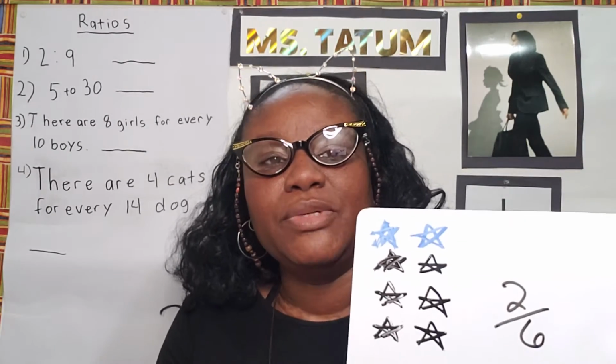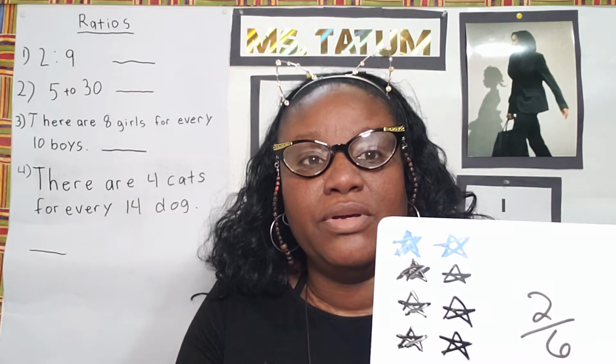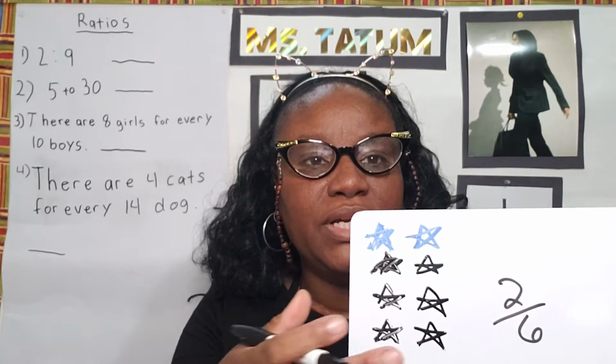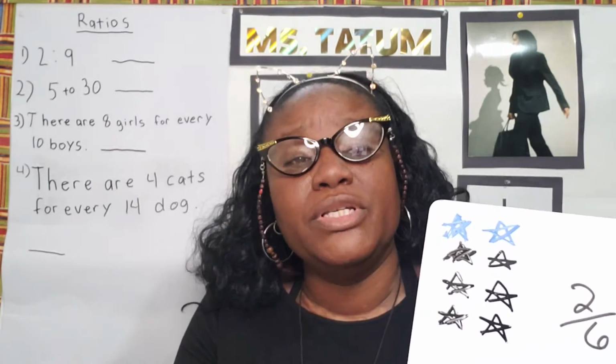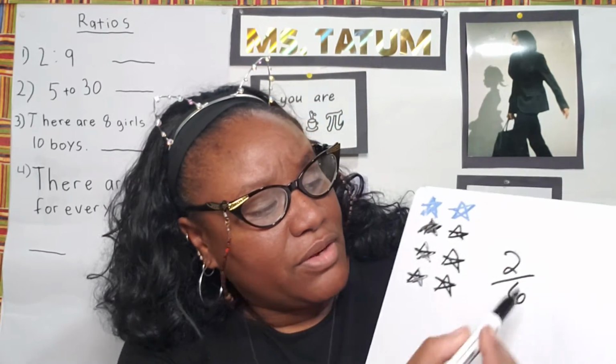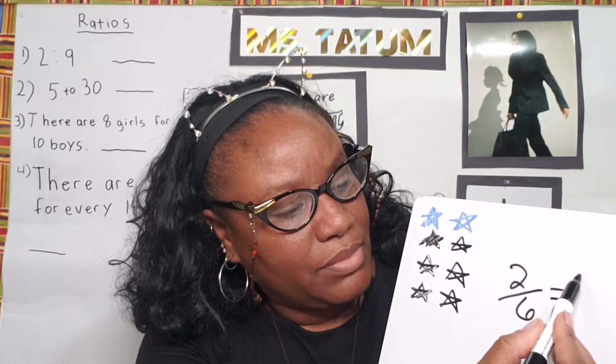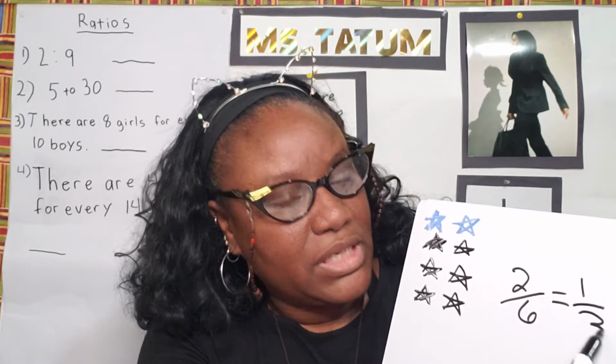This is what is called a part-to-part ratio. I'm asking you for one part, the blue, and one part, the black, and you can always reduce ratios. So 2 to 6, I would reduce: 2 goes into 2 one time, 2 goes into 6 3 times.